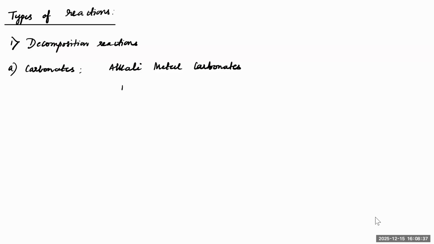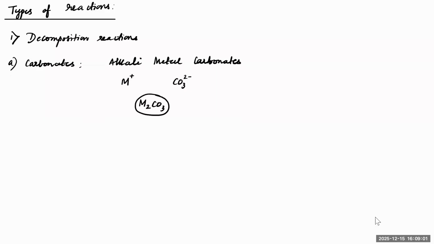Alkali means first group elements which will only have a plus charge on them, and carbonate implies CO3 2 minus. To get the neutral form of a molecule, you have to cross multiply their charges. So what do I get? M2CO3. This is the existence of alkali metal carbonates, correct?